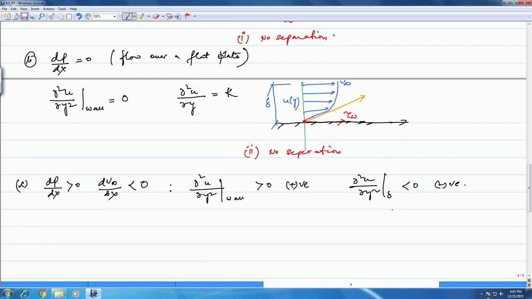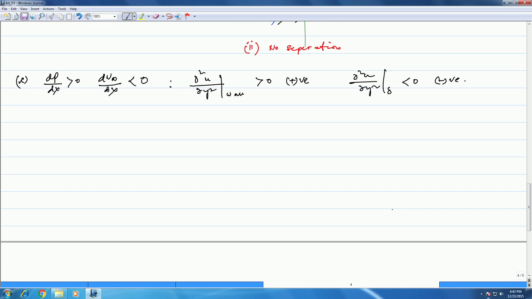So let me see if I can draw that picture. So this is the wall, and now you have a positive slope, something like that, or maybe I make it a little more steep, something like that.